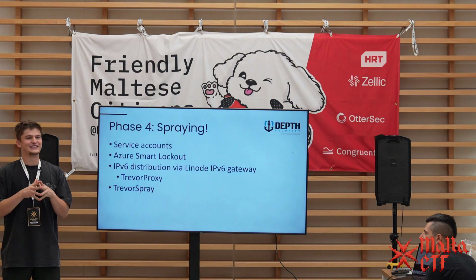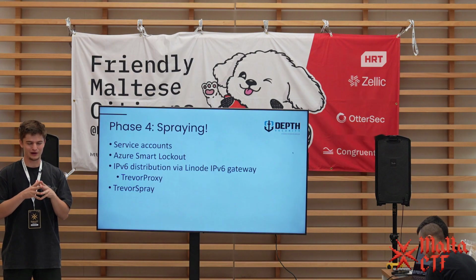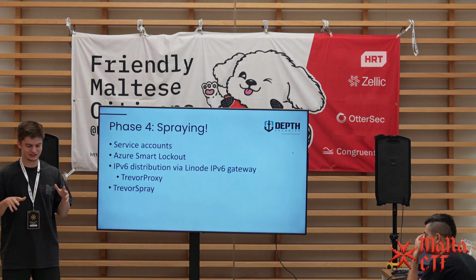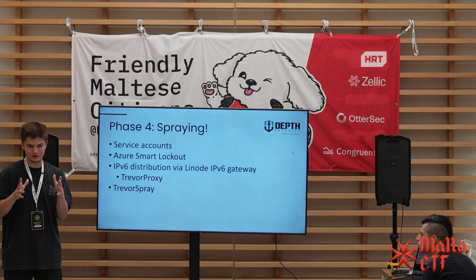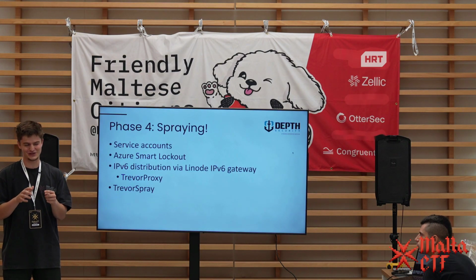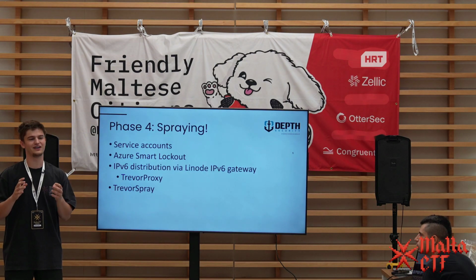Azure Smart Lockout is Microsoft's machine learning algorithm, I think they call it, and it's used to detect malicious logins. It's a black box. Microsoft doesn't tell us how it works, but security researchers have deduced a few things. The easiest thing they detect on is IPs.